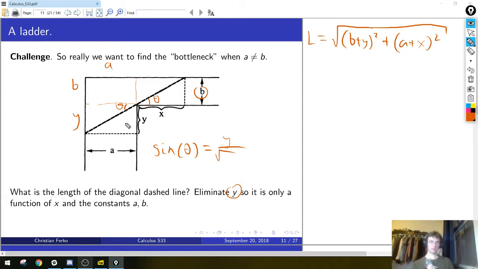And then the one from this other triangle is opposite over hypotenuse, which is b over the square root of x squared plus b squared.